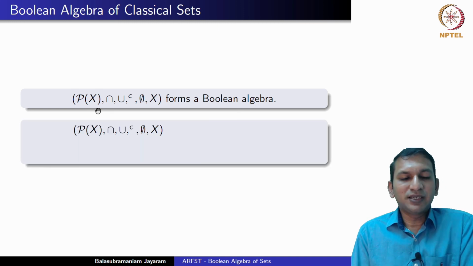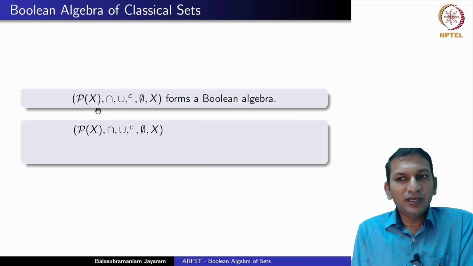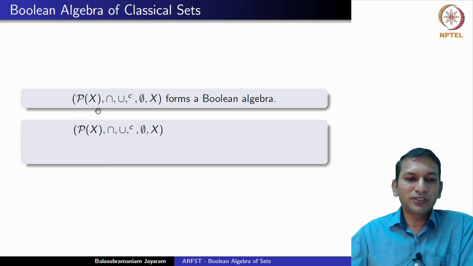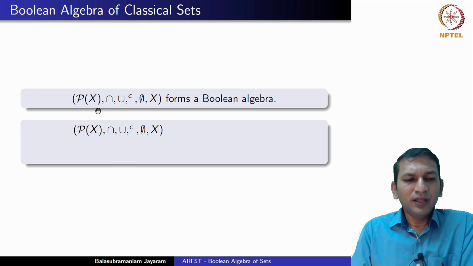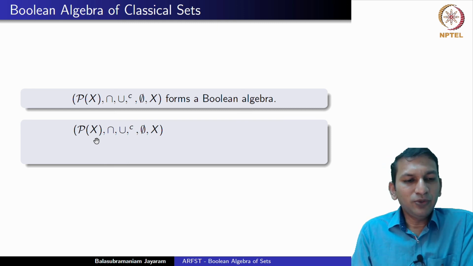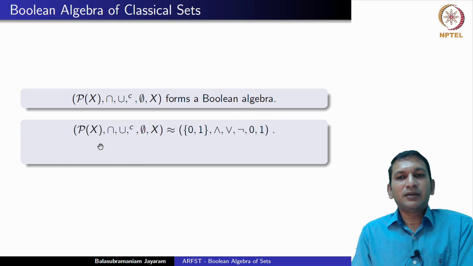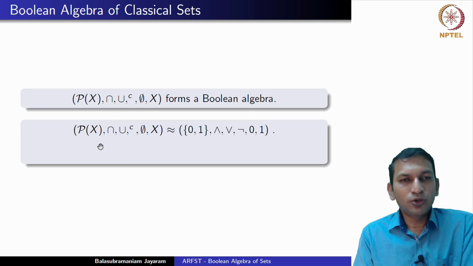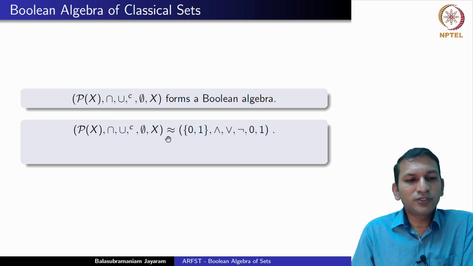Now, what is interesting is, we know that in terms of the characteristic function representation, every subset of X can be represented in terms of its corresponding characteristic function. And we know the operations on classical sets can be mimicked on the corresponding codomain of the characteristic function, which means there exists an isomorphism between this algebraic structure and this algebraic structure.